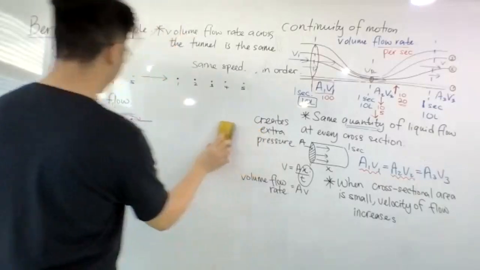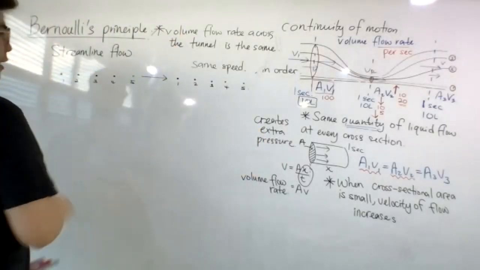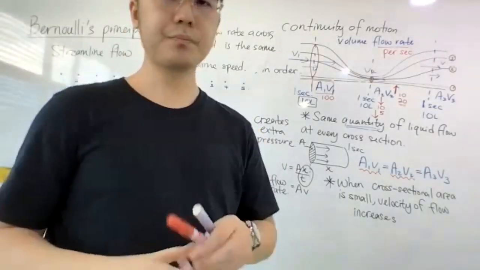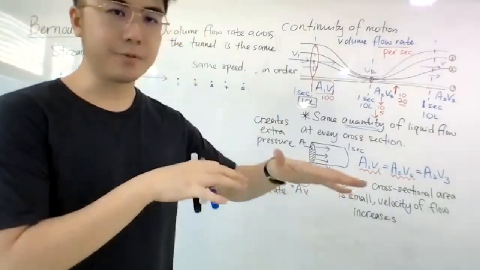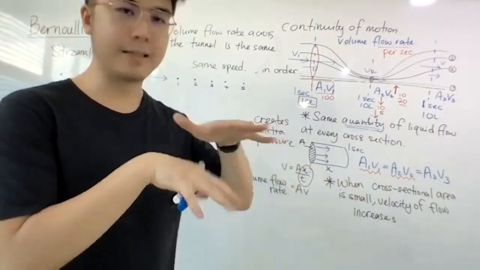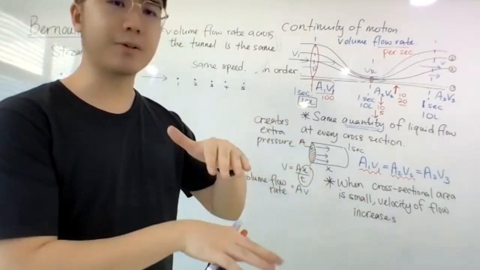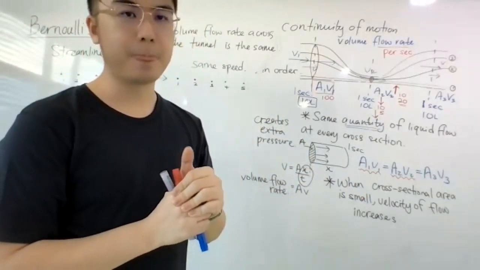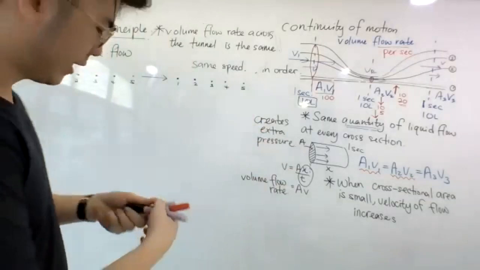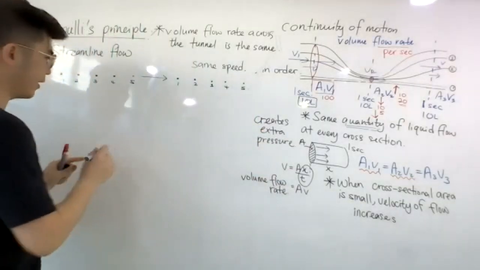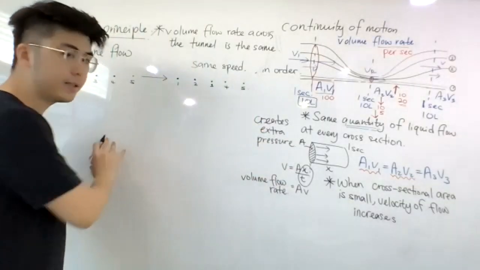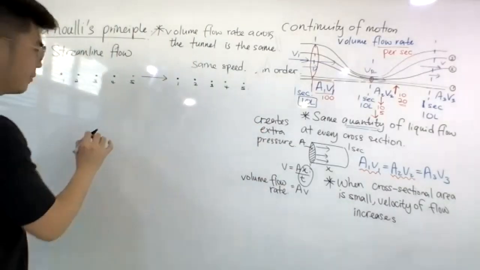Let's say I go to a river, and I want to see which part of the river is a deep region and which part is a shallow region. How do I determine that? Let's say I go to a river and I see, okay, this is the bottom of the river.